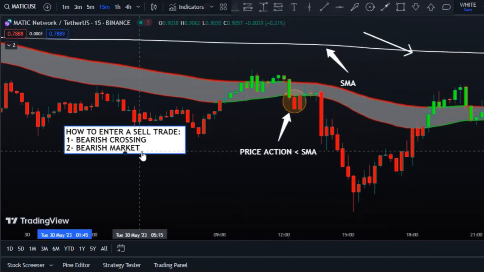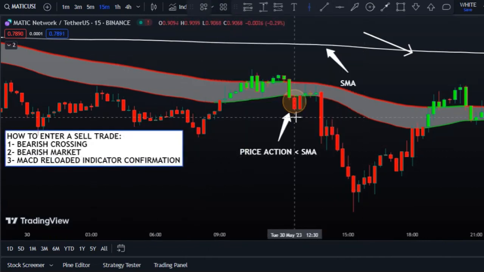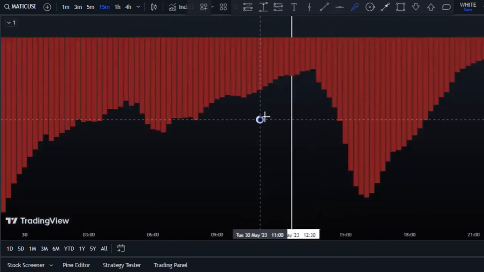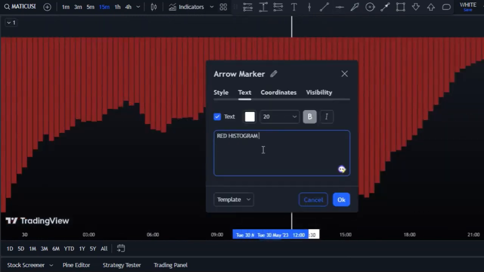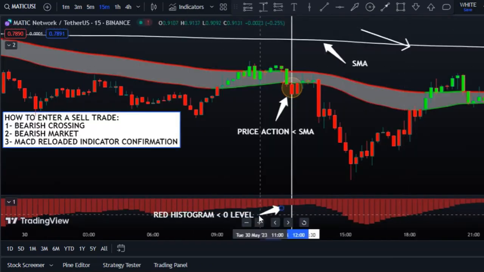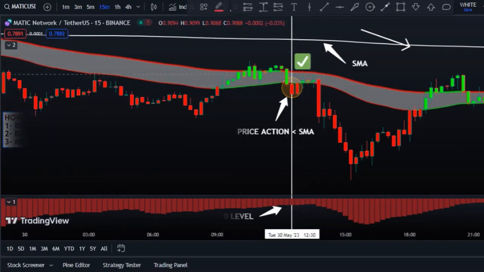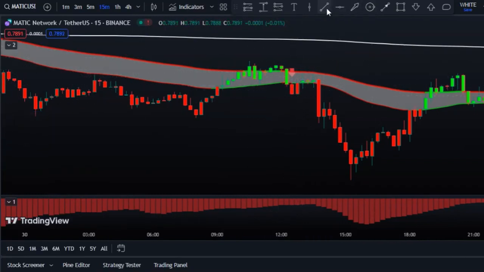And in the next step, the MACD Reloaded oscillator has to confirm the signal with a red histogram. Once those conditions are met, the signal is confirmed, so we can now enter a short position.